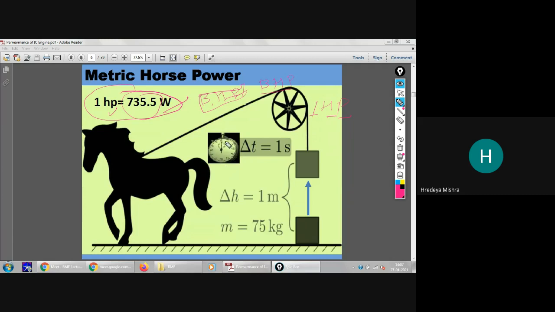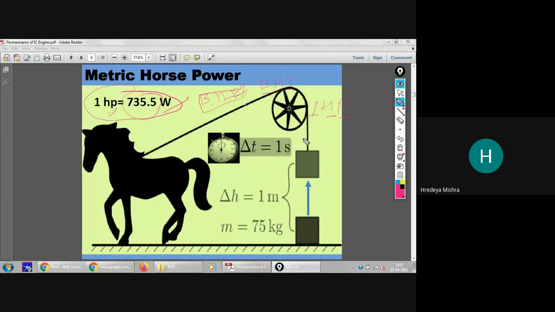Now, what is horsepower? See here, a 75 kg weight, and here is time T. A horse can have this much power.